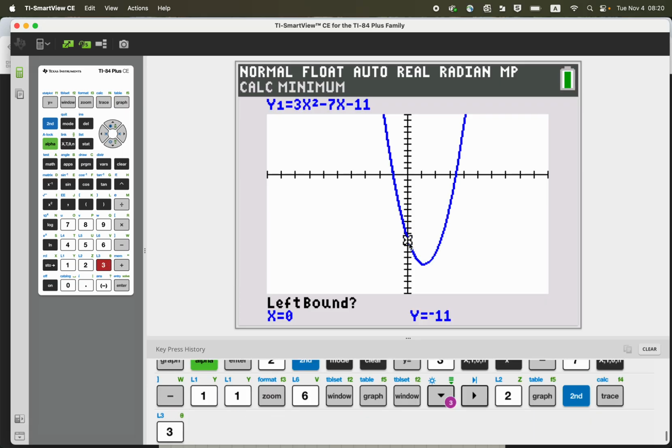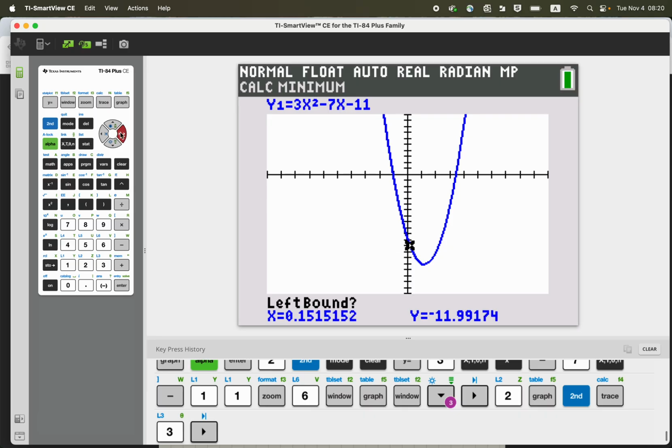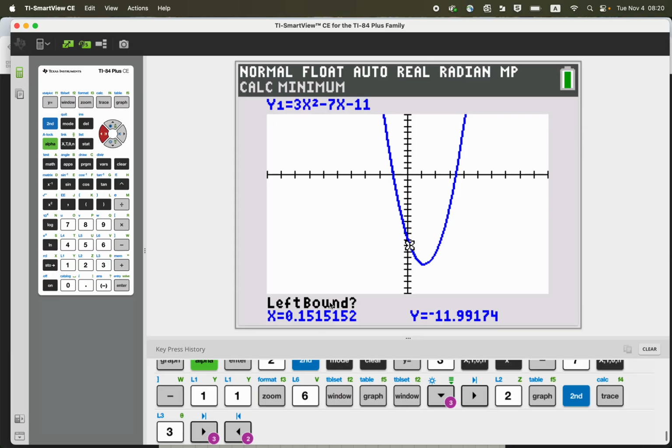Now we want to put our cursor to the left of the vertex, the minimum, and push enter. Then we move it to the right and push enter, and then enter again for the guess. You can either use the arrow keys to adjust it, or you can put in a numerical value.